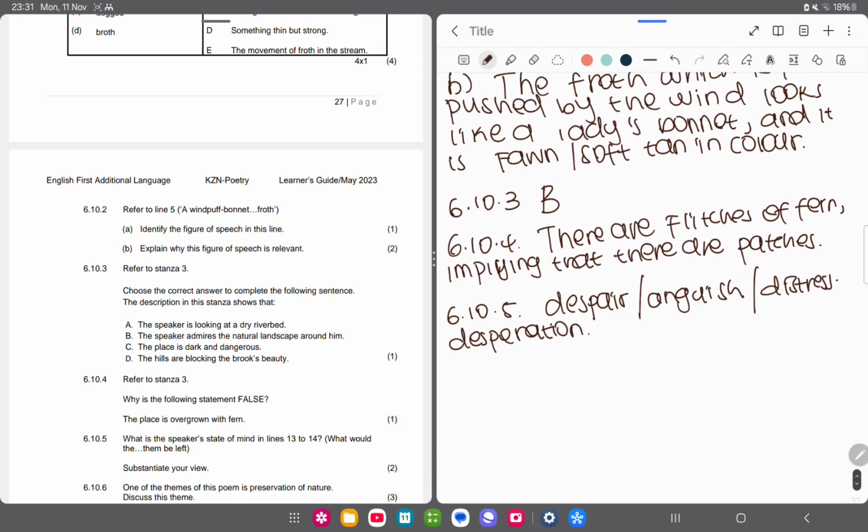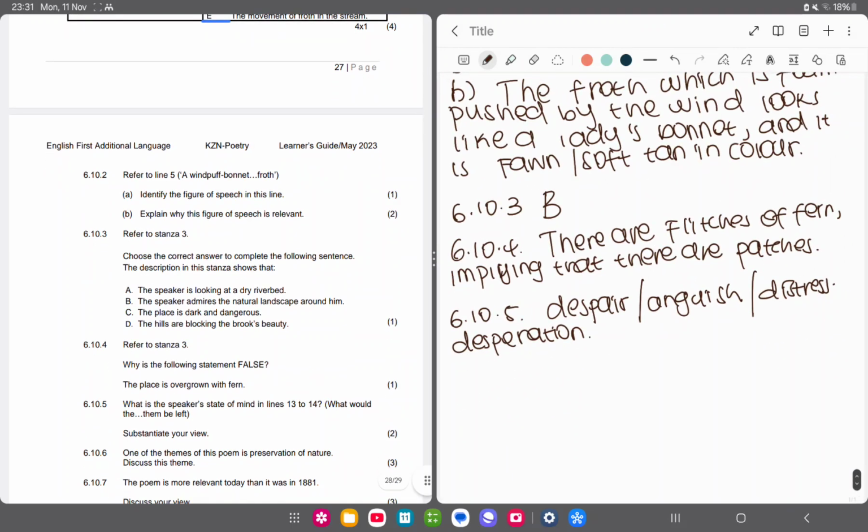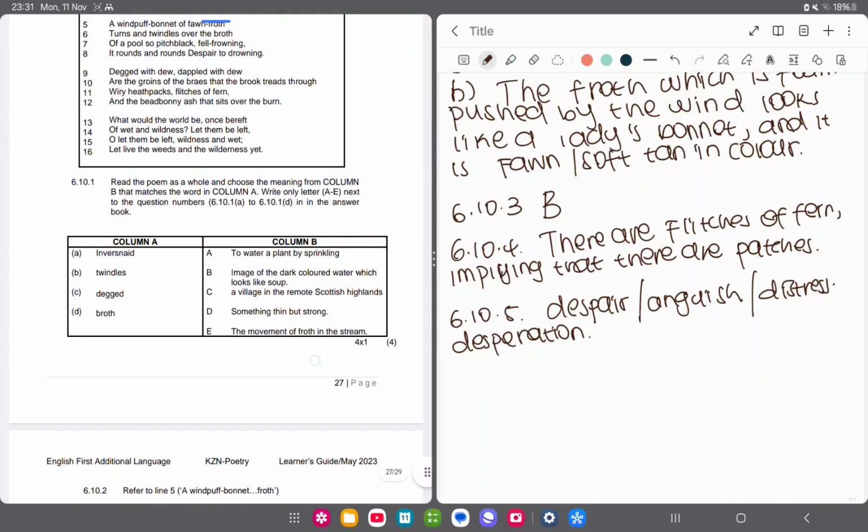And then answering it, substantiating of the view, we would say that the speaker asks a question. See here, it says, what would the world be once bereft of word and wildness, and let them be left? This question mark here represents a rhetorical question.